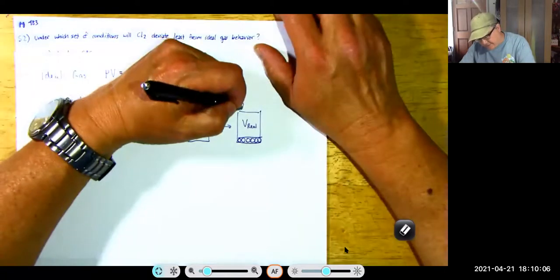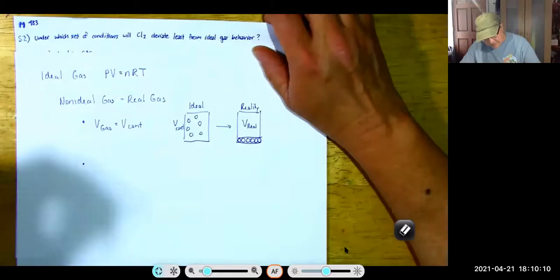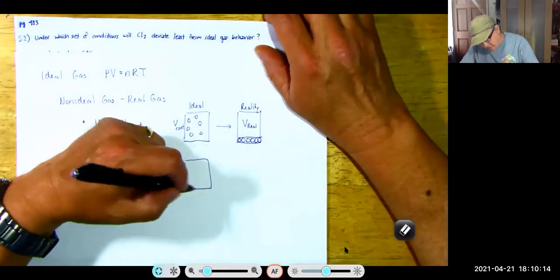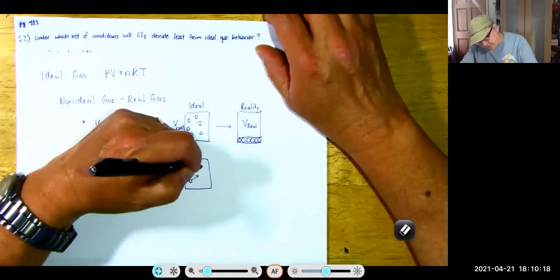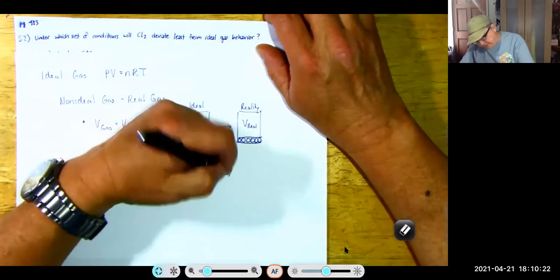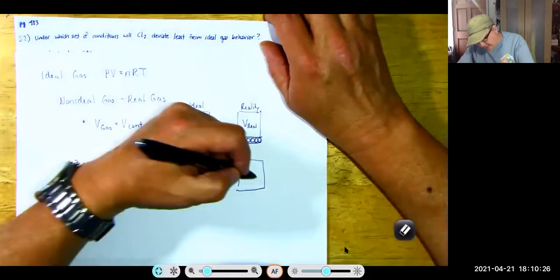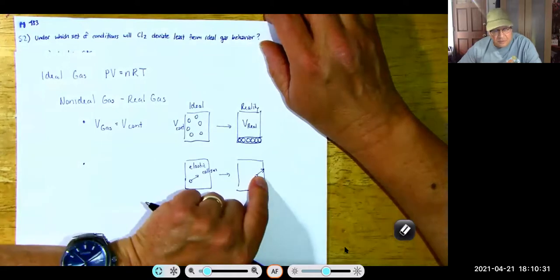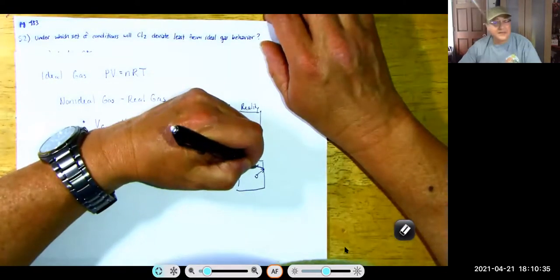In reality, they don't. Another thing that we have about ideal gases is that in the ideal gases, the particles have elastic collisions. And the reality is they don't have elastic collisions, so that when they hit, and the length of this arrow is the energy with which it hits, when it bounces off, the energy becomes a little less.